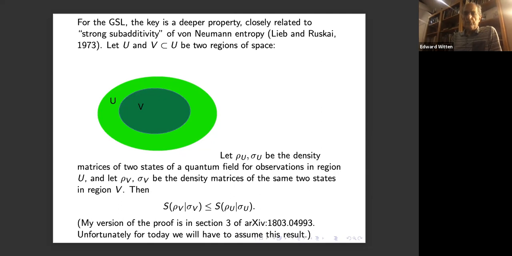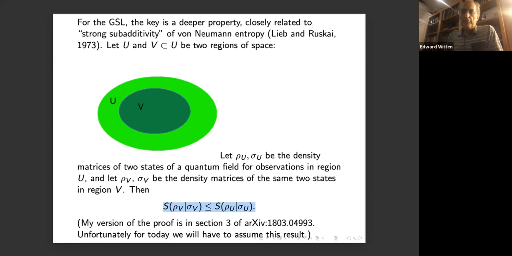My version of the proof, I actually presented at some summer school lectures a few years ago at PITP at the Institute in Princeton. You can find it in section 3 of my lecture notes. If you want to understand why this is true, there are all kinds of places where you could find it. I think that for quantum field theorists, the way I explained it there is quite accessible, so you might want to look there.